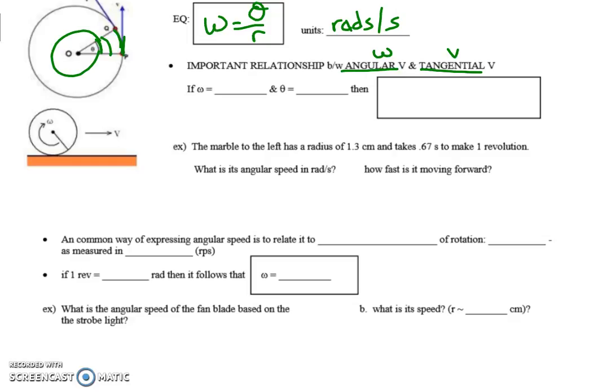Okay, so it's a fairly simple derivation. If we define, again, omega as theta over time, and theta we saw from above is s over r, then omega is going to be s over r divided by time. If I simplify that, that's distance divided by time times r. I'll leave it to you to work on that simplification. And distance divided by time is nothing more than velocity.